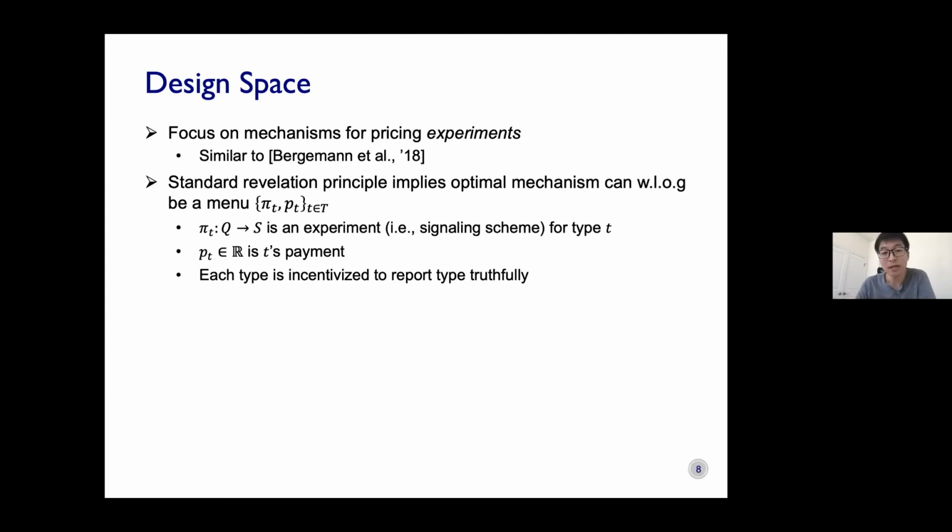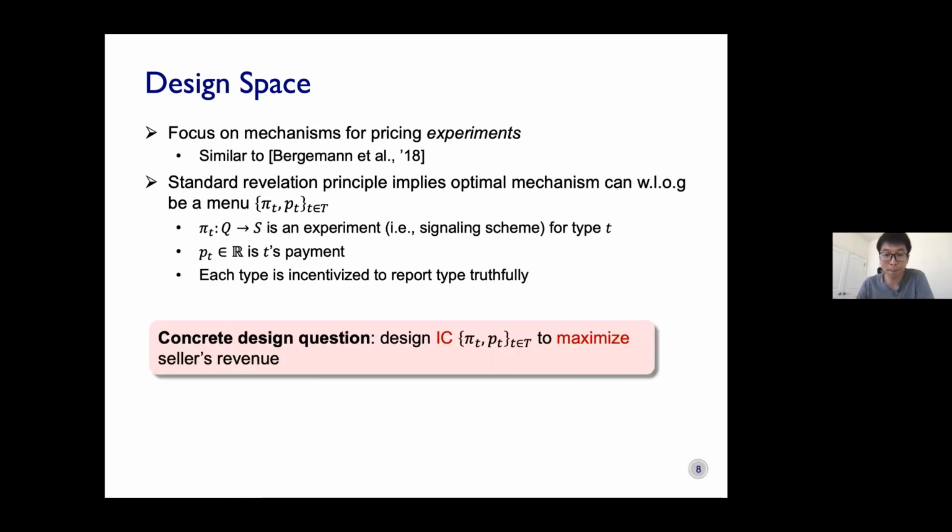And p_t is the buyer's payment, a real number. And without loss of generality, each type would be incentivized to truthfully report their type. So with this simplification by the revelation principle, we arrive at a concrete design question: how can you design an incentive compatible menu of signaling schemes and payments to maximize the seller's revenue?